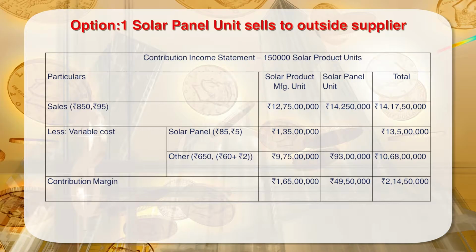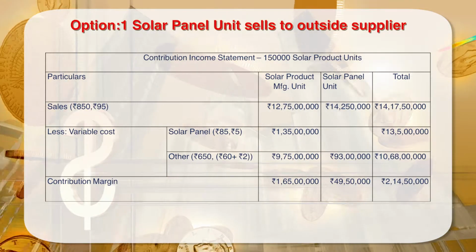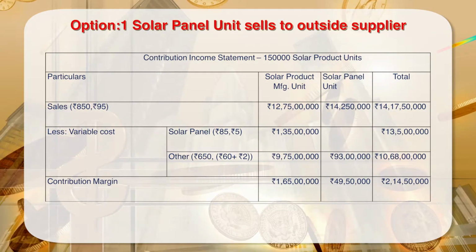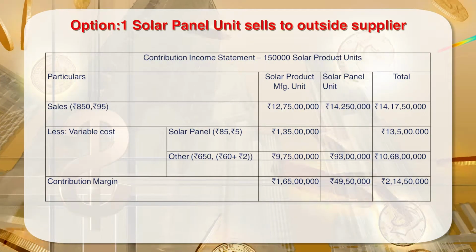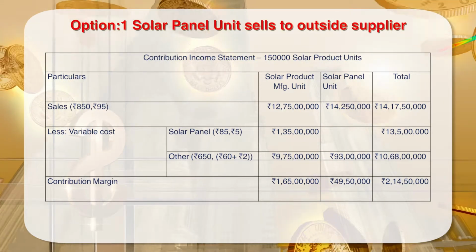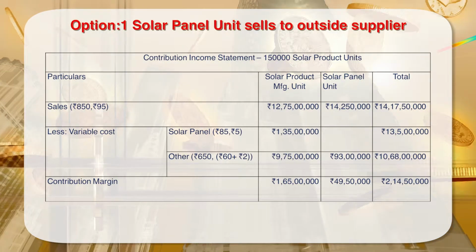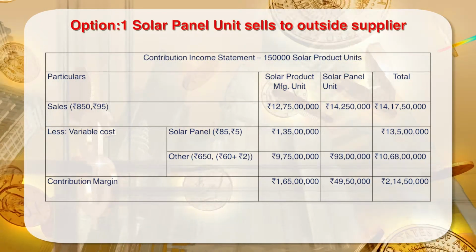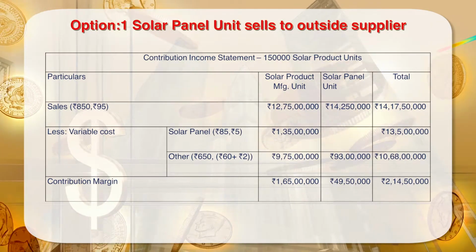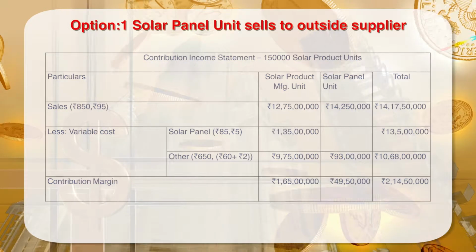In this case, the contribution margin for the manufacturing unit is 1 crore and 65 lakh, and the contribution margin for the solar panel unit is 49 lakh 50,000. The enterprise cumulative contribution comes to 2 crore and 14 lakh and 50,000.